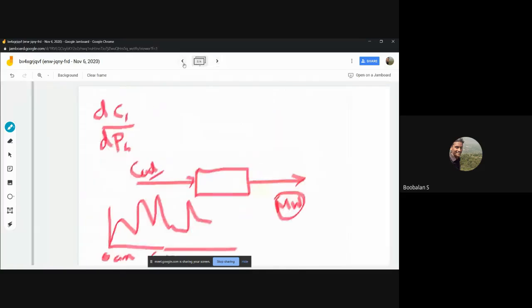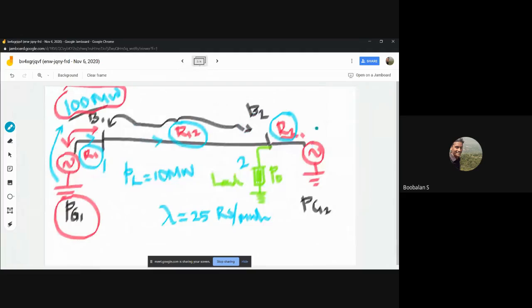For example, the power developed at PG2 is generated here and will be transmitted immediately to the nearest load location. So the power related to bus 2, the B22 bus admittance, like Y22, is B22 and B21, right?